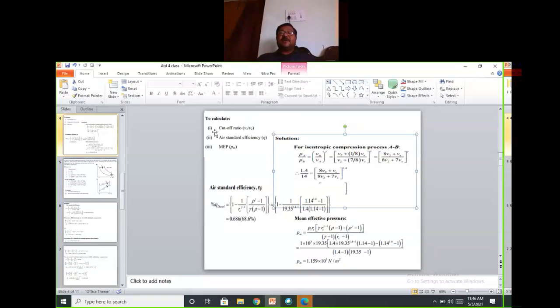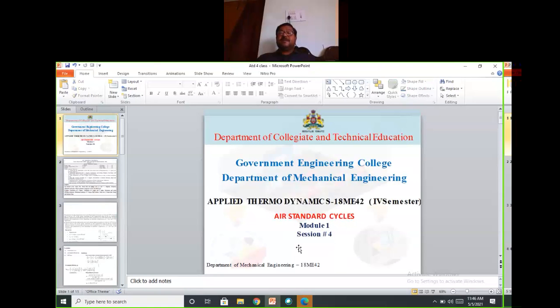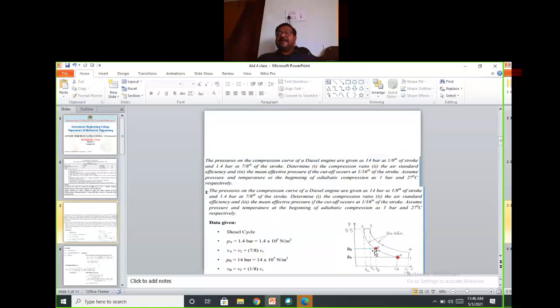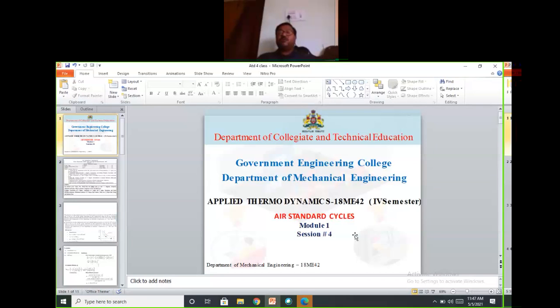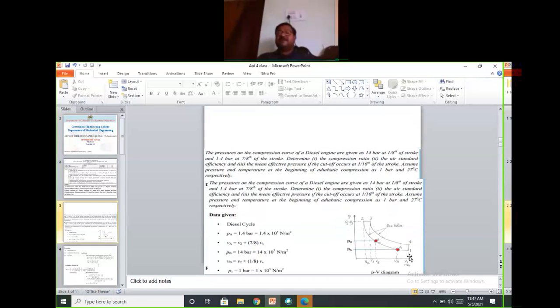If you go to the previous one, here PA by PB, 1/8 and 7/8 of this 1 to 2. VA is V2 plus 1/8 of Vs, and VB is V2 plus 7/8 of Vs. How? This is Vs. From here, VA is 1/8 of Vs, and V2 is this one, V2 plus this from 0.